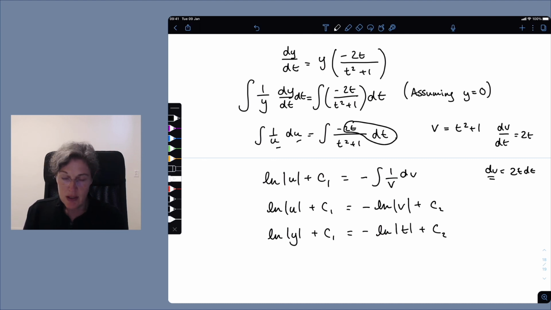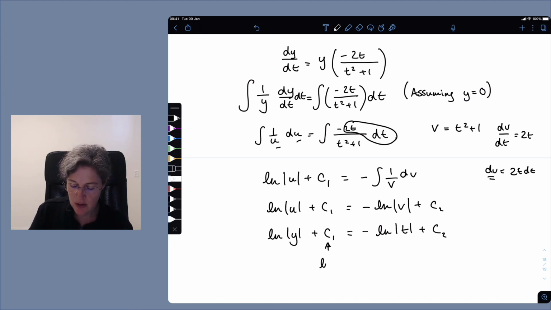If you were to leave it like this, you couldn't really do an awful lot. But now we're going to do something cunning. We're going to redefine our constants. The first thing I'm going to do is take my c1 over to the right-hand side.